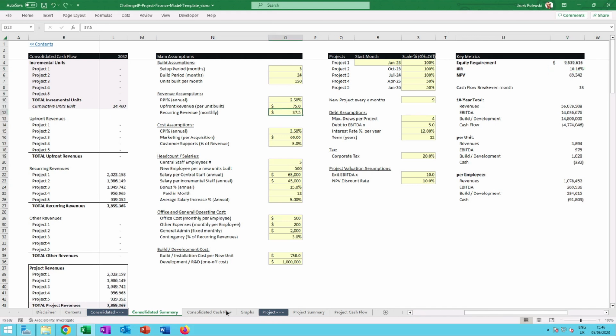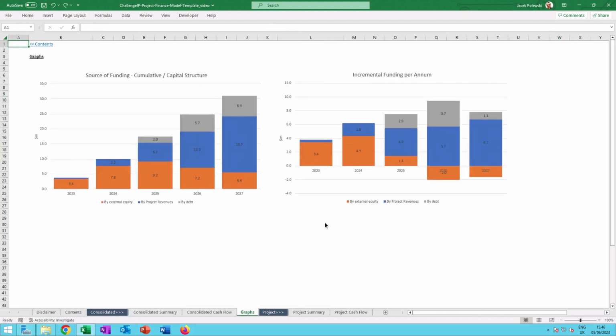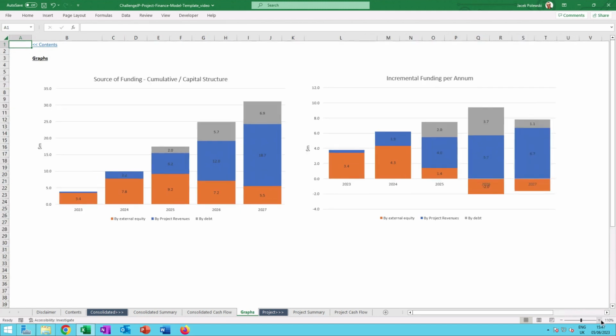Okay, and then last but not least, I've also added to the template a bit of a graph, so that allows you to show, on the cumulative basis, the sources of your financing. So I mentioned before that the model assumes 3 sources of project financing in here. So there will be debt, which is the part over here. Again, this is a cumulative structure.